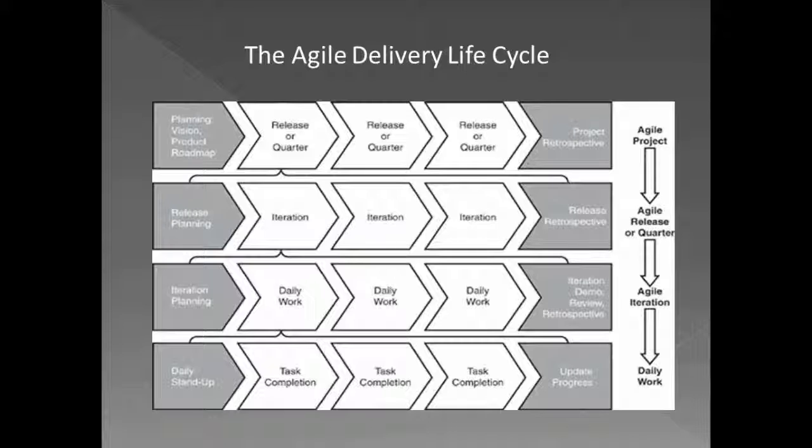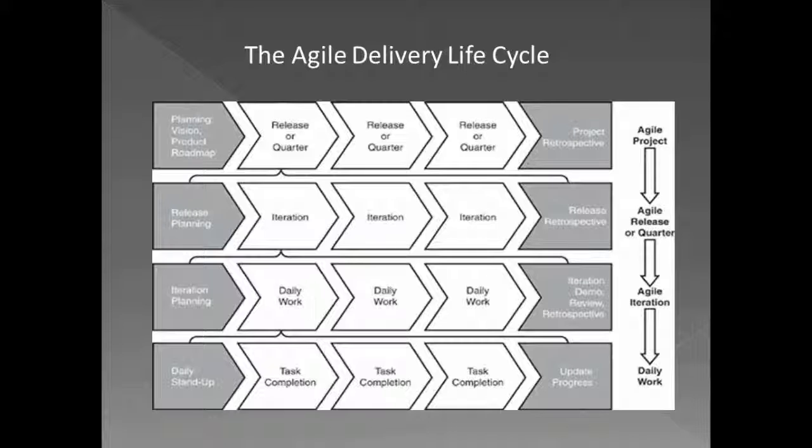And then if you want to talk about an iteration, an iteration is one time box of work. If you talk about Scrum, it could be a sprint, a 2-week or 3-week sprint, depending on whatever duration you fix. That sprint ends in an iteration demo, and there could be a sprint review or a sprint retrospective where you do the lessons learned.